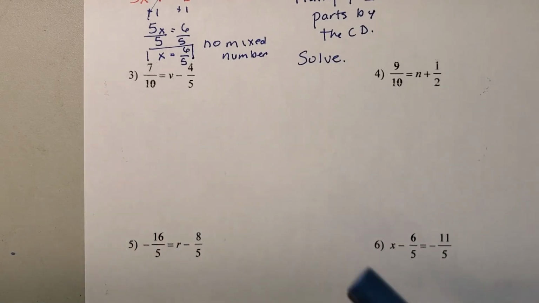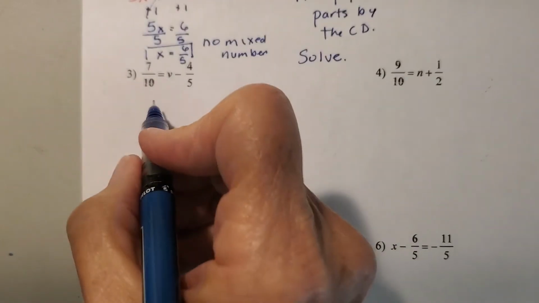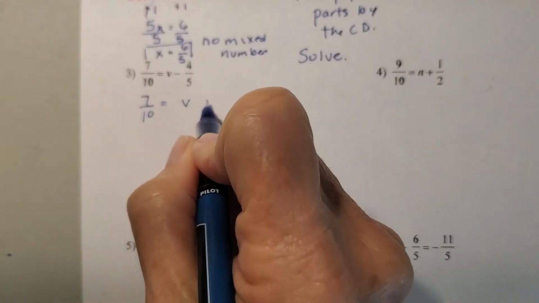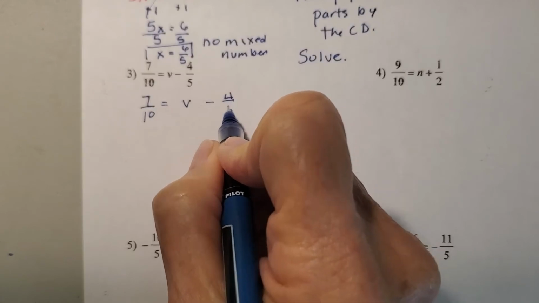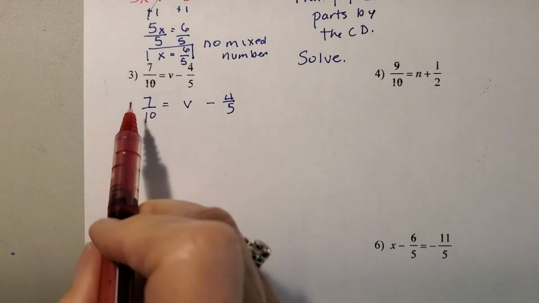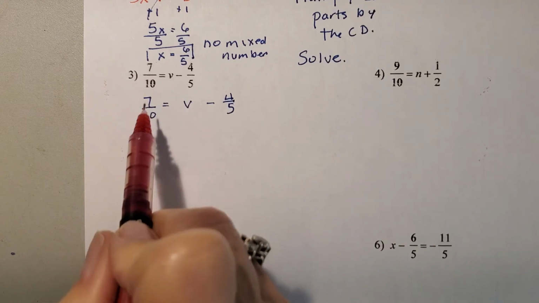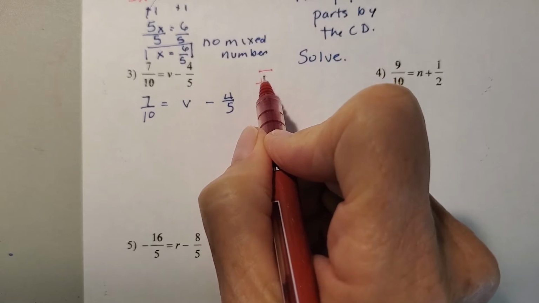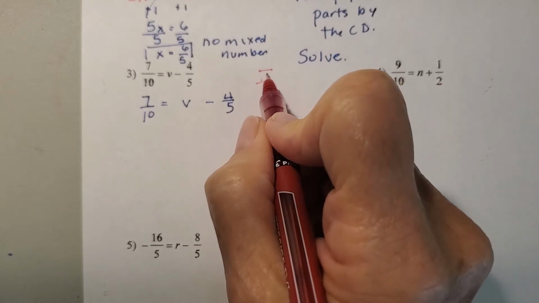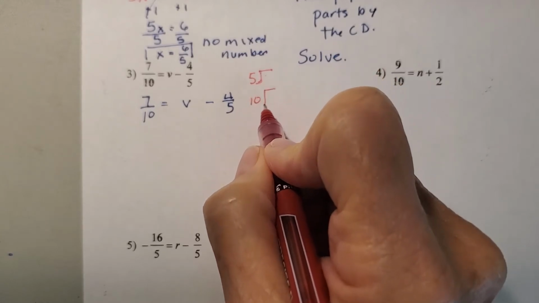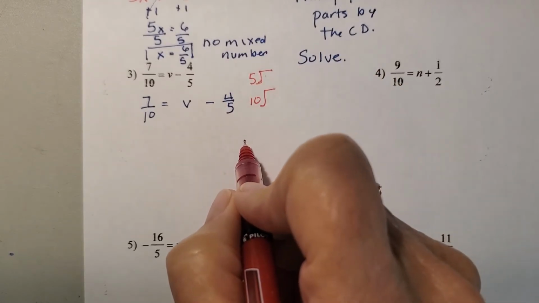Okay, so let's look at this next one. There are two variables here. So I'm going to rewrite this with a little room in it. And then what's our common denominator for 10 and 5? What that means is, what is the number that 5 and 10 would both divide into evenly?